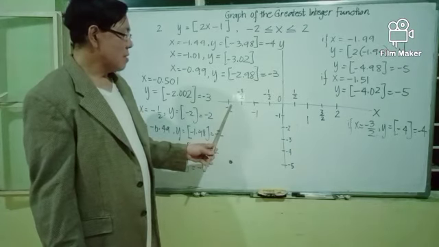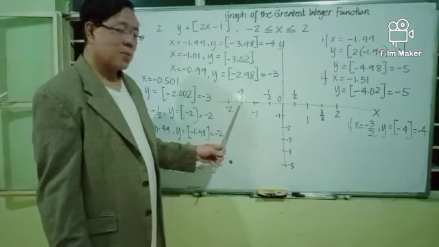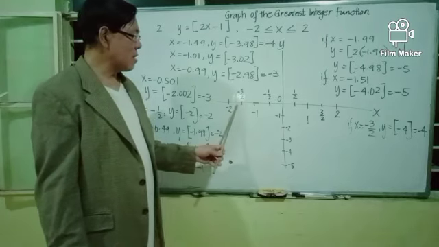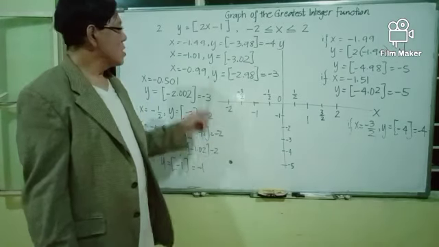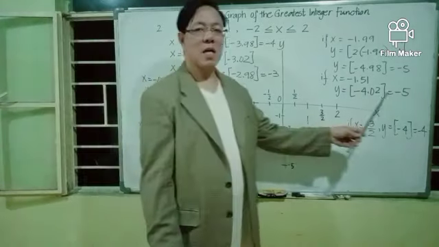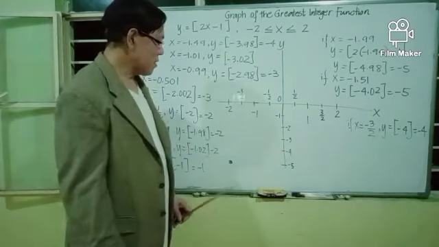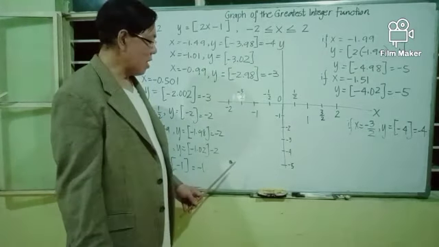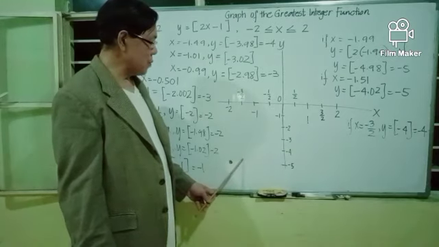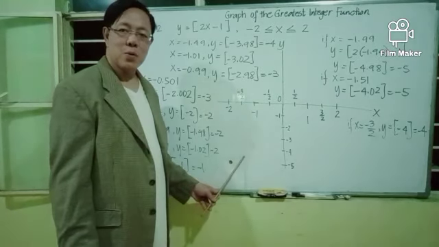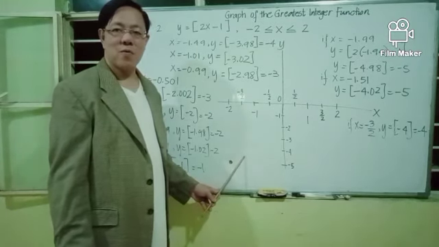If you take any value greater than negative 2 but less than negative 3 over 2, the value of y is always negative 5. And the graph would be a horizontal line from negative 2 up to negative 3 over 2, but not including negative 3 over 2.